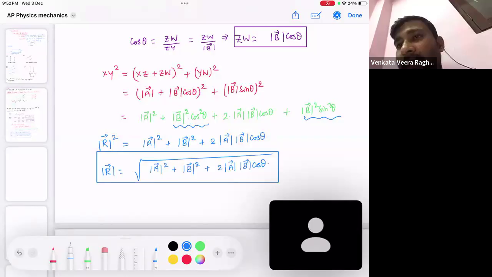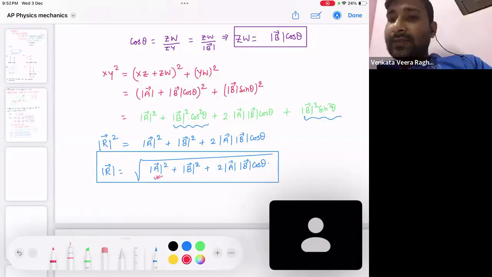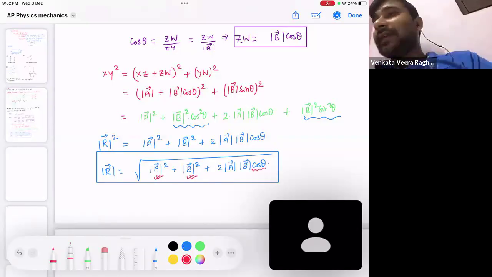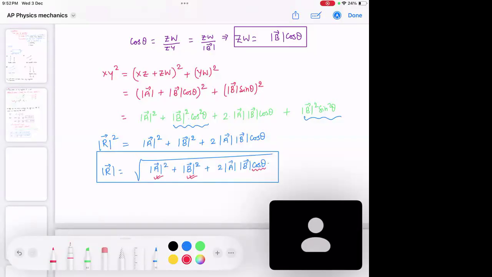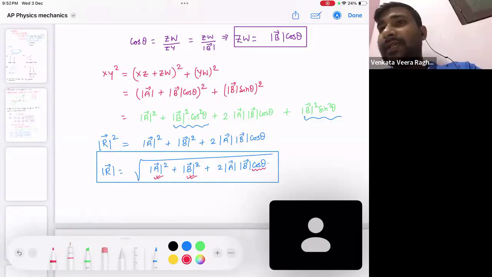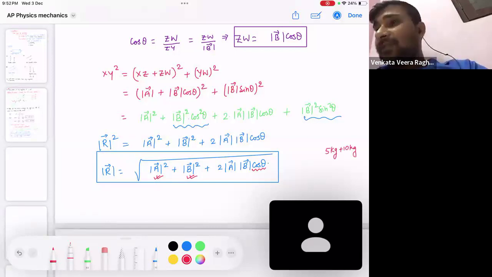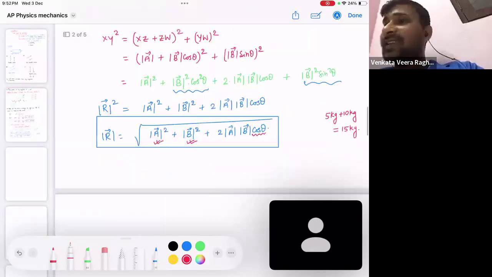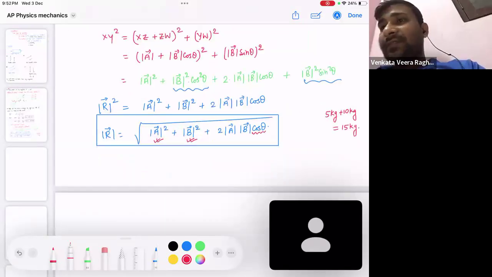So the resultant of two vectors depends on what? It depends on the magnitude of vector A, the magnitude of vector B, and also on the angle between the vectors. So when I ask you, add 5 kg plus 10 kg, what will be our answer? Always 15 kg, right? But if I ask you to add F1 vector as 5 Newton and F2 vector as 10 Newton, is it going to be 15 Newton?